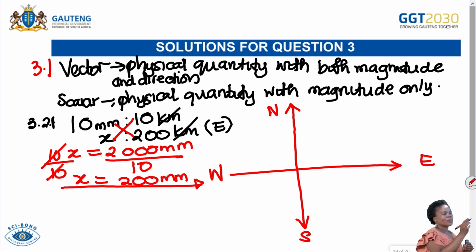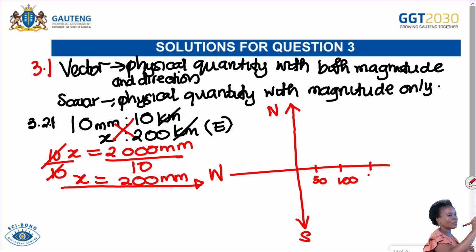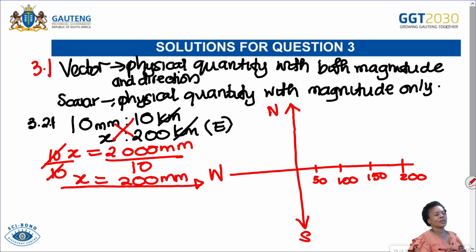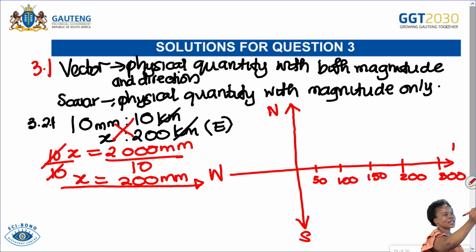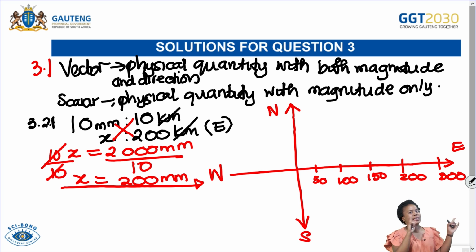So I'll make this my 50, my 100, my 150, my 200. Okay, so I'm there. It could continue to be a 300 depending on the piece of paper that you have, but don't forget that this is an easterly direction, and that means this vector has to point in an easterly direction.